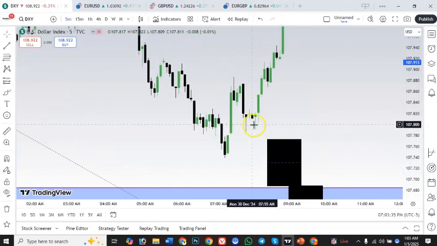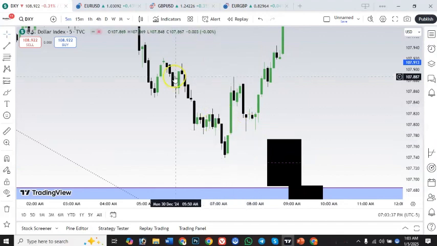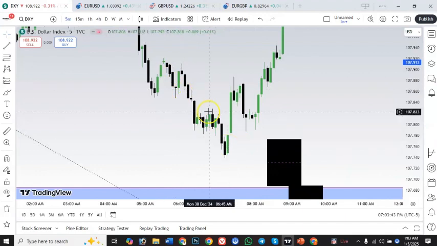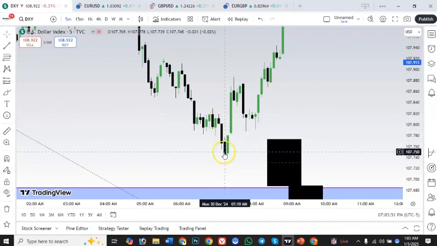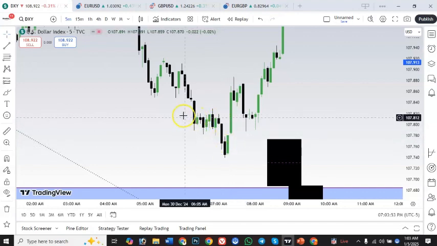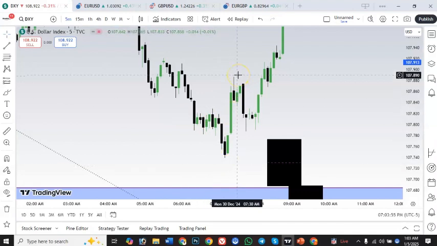So look at what happened here. Just like exactly what I mapped out on the 5 minute, it was trading down. Then these are 3 consecutive down candles, a 5 minute order block. This is it. Then what happened? A rally.